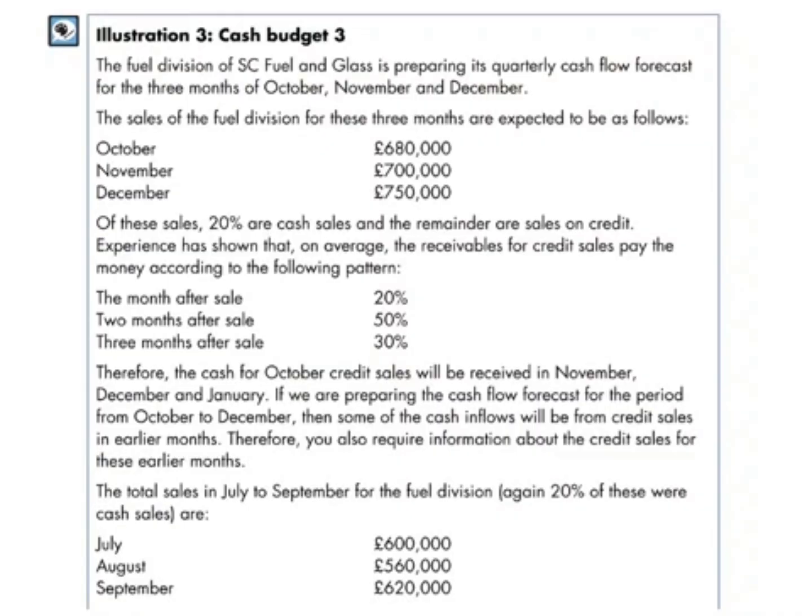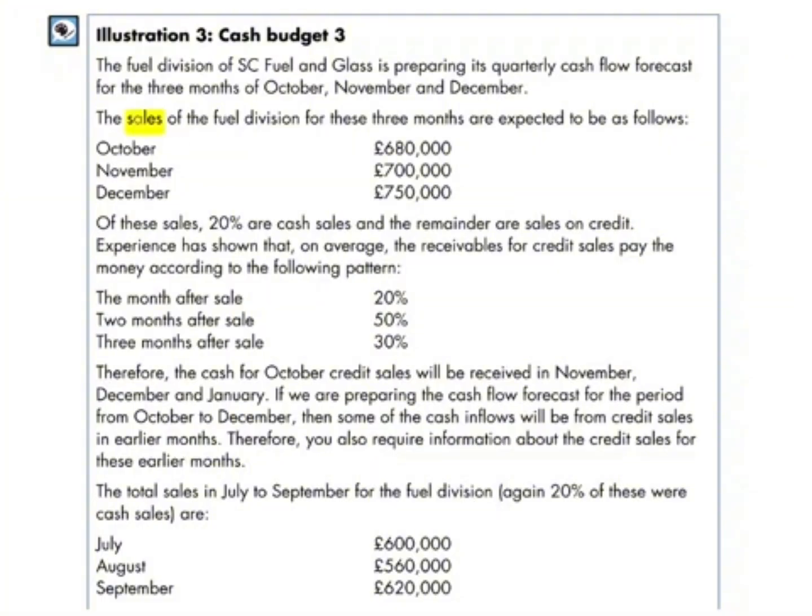Let's consider how a cash budget can be put together taking account of time lags through illustration 3. So we have here a division of SC Fuel and Glass. They're preparing their quarterly cash flow forecast for October, November and December.